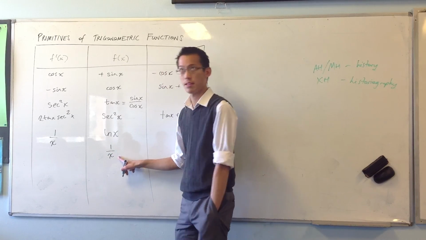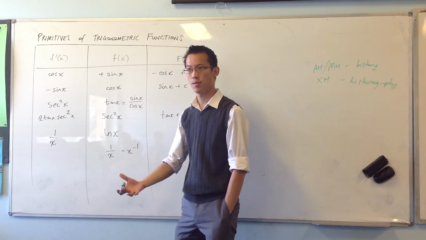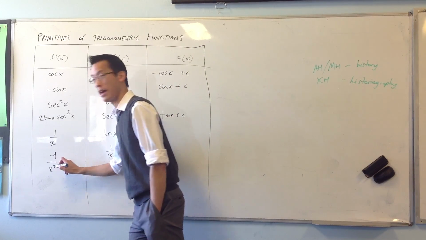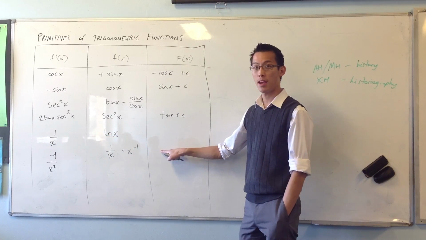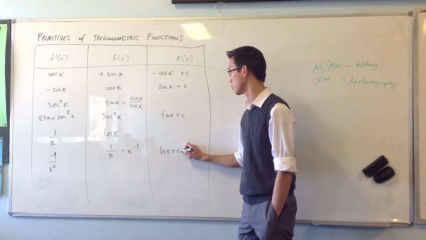This is x to the minus 1, so its derivative ought to be minus 1 on x squared. And in the same way as I went from here to here, this is where I came from. This is log x plus c.